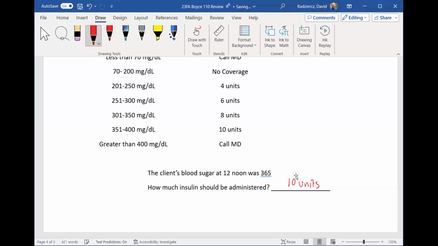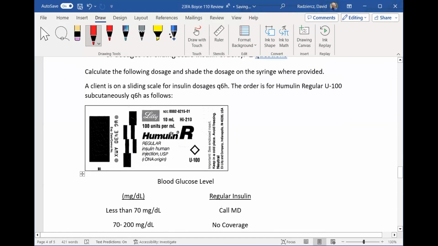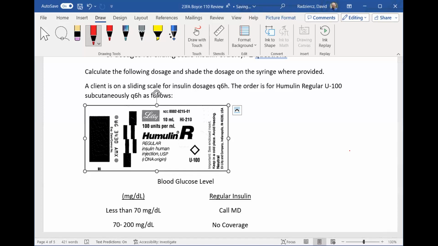Now, I think where some students get this one wrong, other than just trying to be quick and answer the question, they'll look at this here and they'll see, oh, okay, regular insulin, 100 units per milliliter, and then they start trying to do some conversions. Don't do that. The reason you don't do that is because insulin is measured in units. You have what are called unit syringes, and that's the unit that you're giving them.